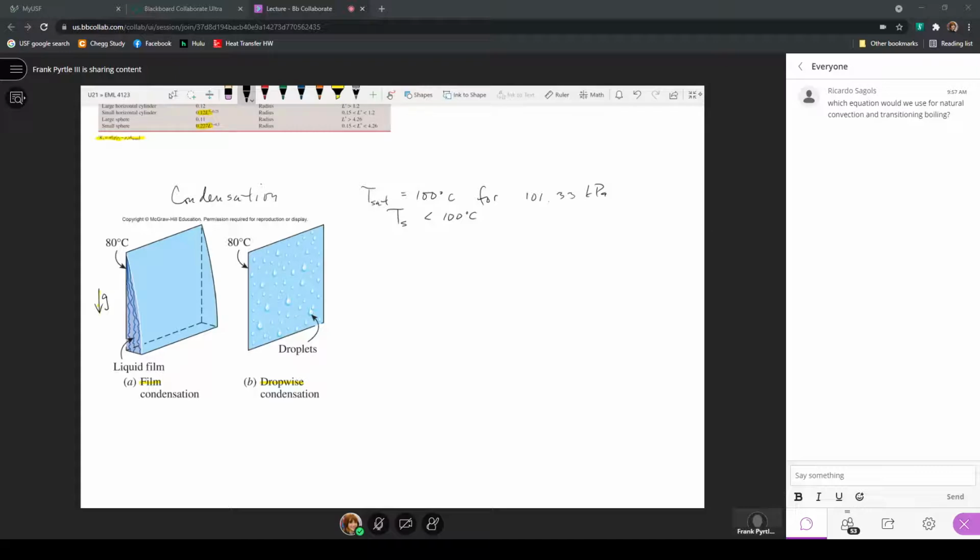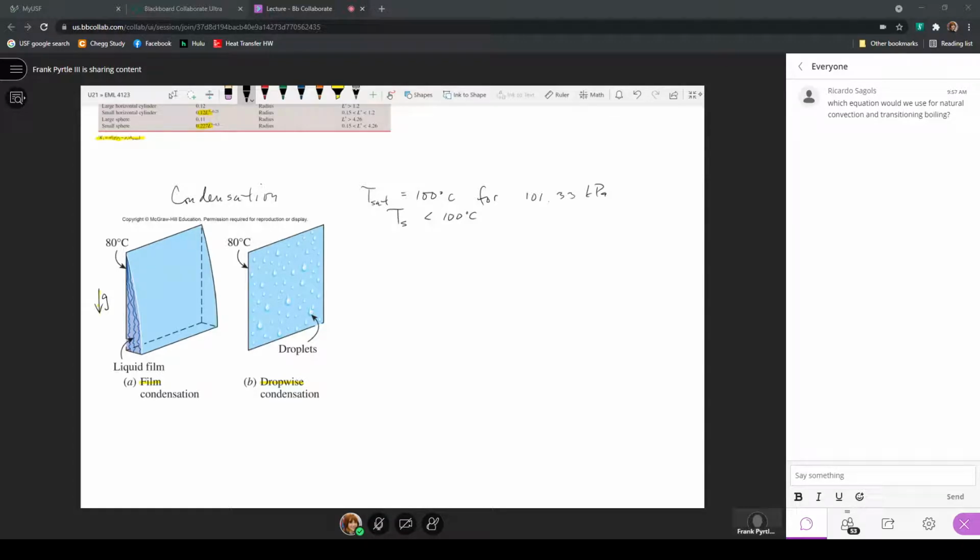So if this is a saturation condition where the temperature of the vapor is 100 degrees, heat transfer would occur to the upper surface of this blanket of liquid that is forming over the surface. And it would be at about the same temperature, 100 degrees, because the condensation process is a saturation process, so that the liquid water on the very top of this film is at 100 degrees.